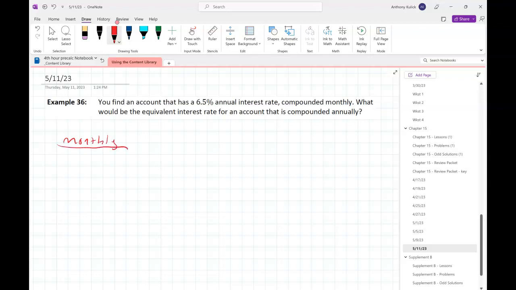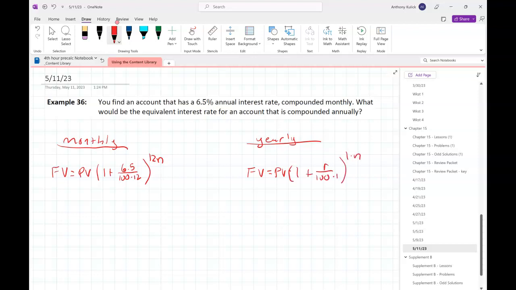So if we're talking about the compounded monthly one, we could write the equation like that. If we're compounded annually or yearly with an unknown interest rate, we could write that.